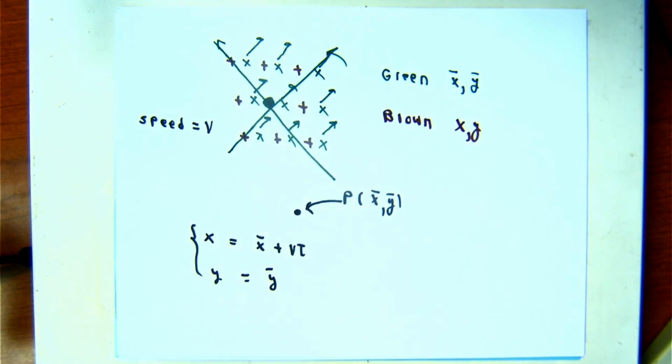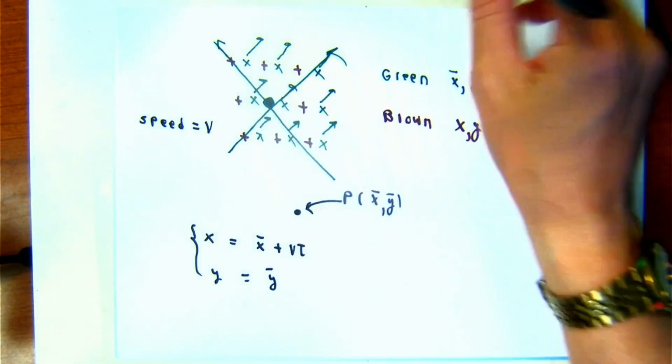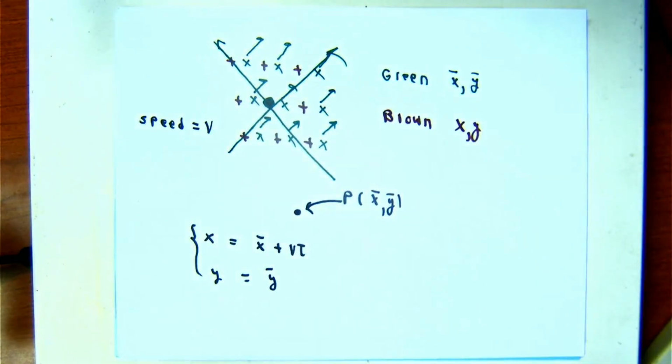In fact, this holds true even if the point P is not stationary in the barred system. Whatever the x bar and y bar coordinates of a point are, the x is going to change because of the motion. We are moving forward relative to the unbarred system at speed v.